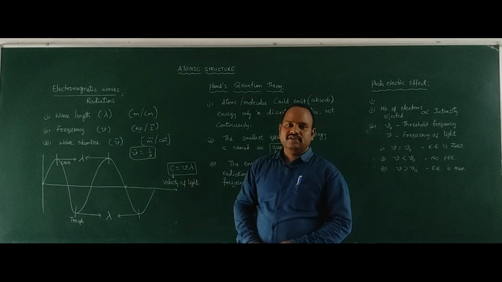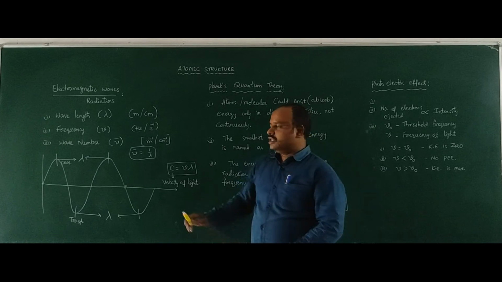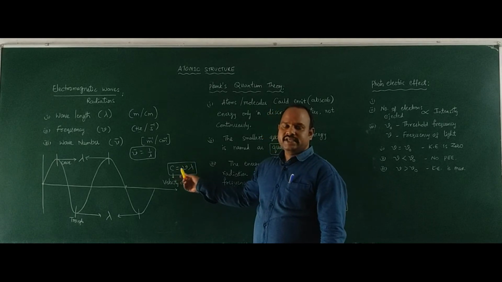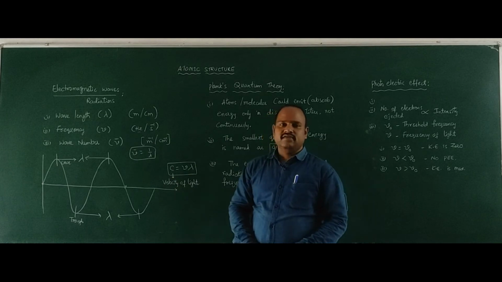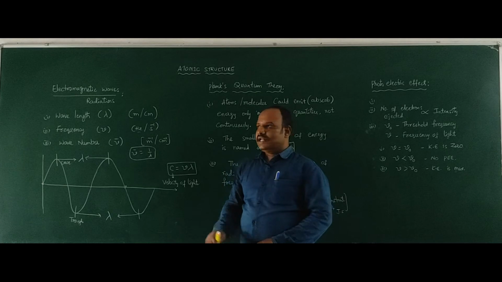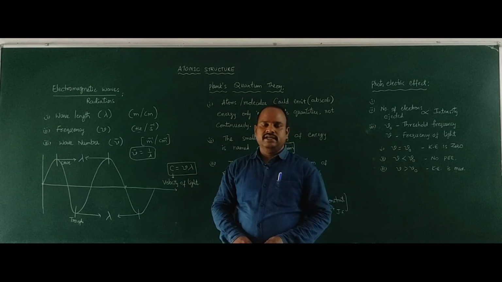The relation between the velocity of electromagnetic radiation, the frequency and the wavelength is given by c is equal to nu lambda, where c is the velocity of light, nu is the frequency and lambda is the wavelength of the electromagnetic wave.